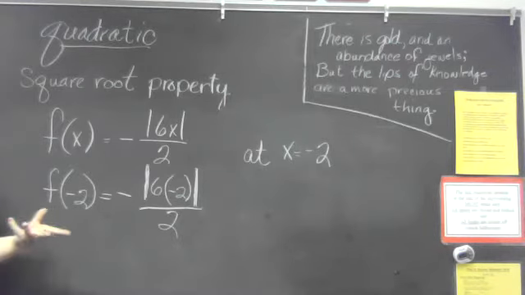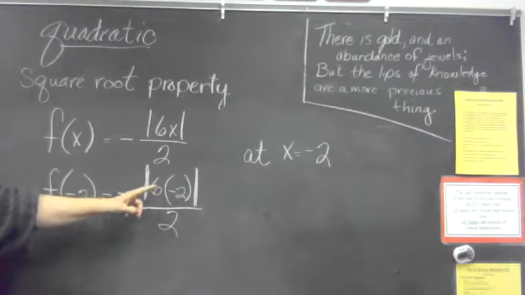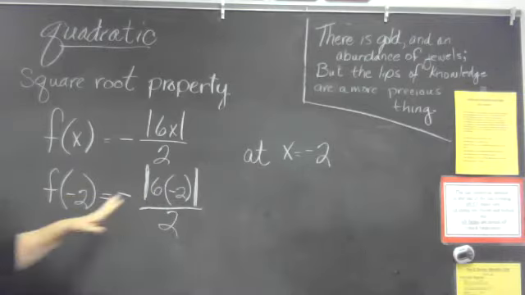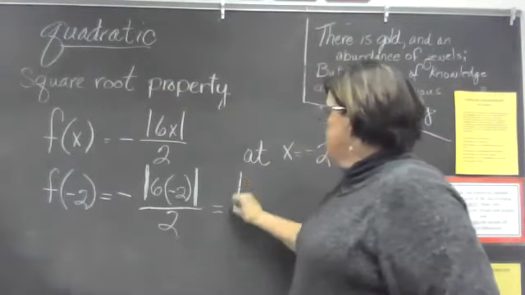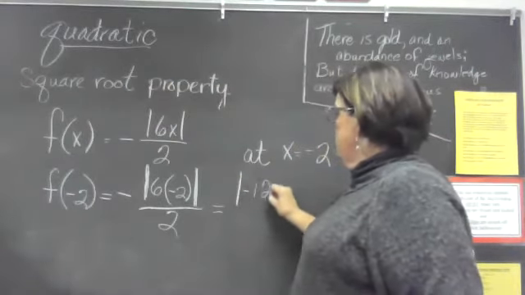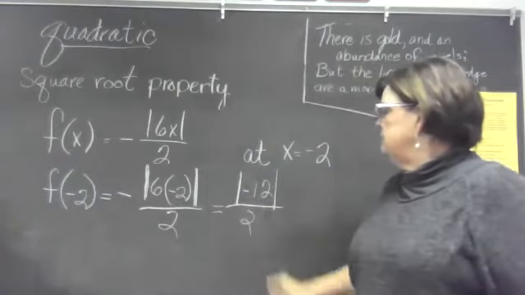So what do we do first here? The 6 times the negative 2. Yes, we're going to multiply inside of here and then solve this because this is our parentheses, right? So we have the absolute value of negative 12, yes, over 2.